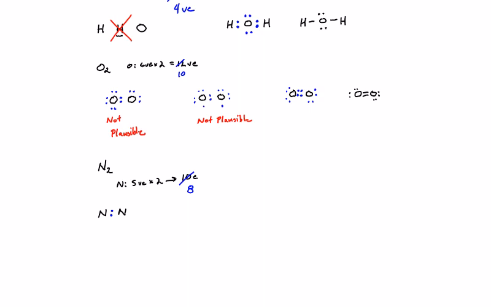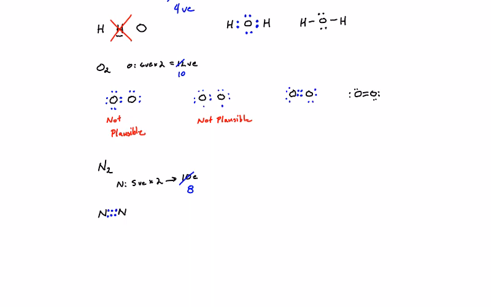We can already see that if we try to distribute those 8 across the 2 nitrogens, we're going to wind up in an even worse situation than what we had with oxygen. We're going to have a full octet on the nitrogen on the left, but the one on the right is only going to have a total of 4 electrons that it can see. So we can fix this by putting in a triple bond.